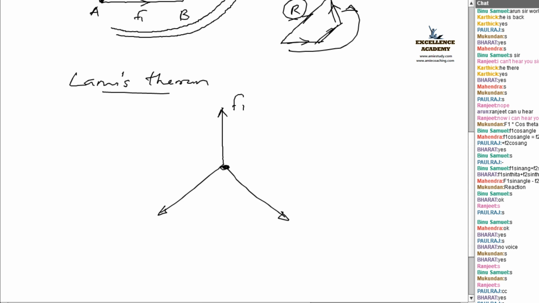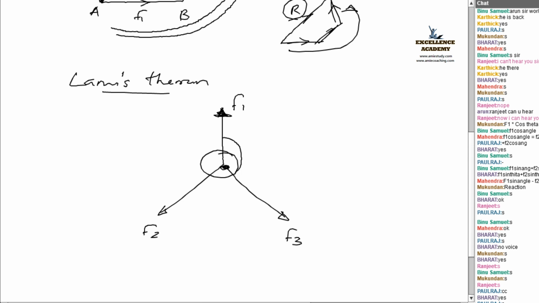Name them F1, F2, and F3. So if 3 forces are acting on a body at a point, then each force will be proportional to the sine of the angle between the other two forces.